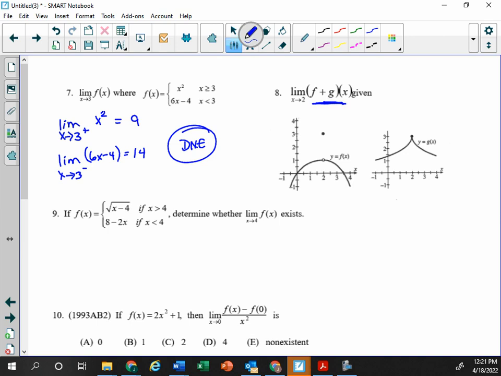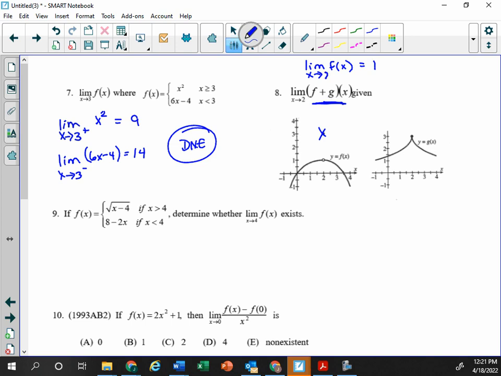If they both exist, then you can add them together. Okay? So let's do the limit as x approaches 2 for f of x. So that's the first graph there. If we're evaluating limits, does that dot matter at all? No, it is there to mess with you. Ignore that guy. So what is the limit there? 1, okay.